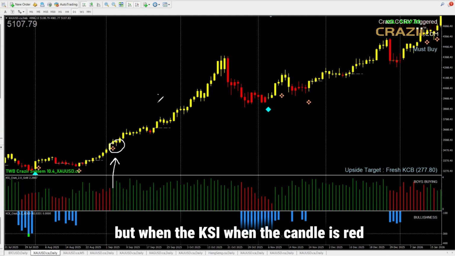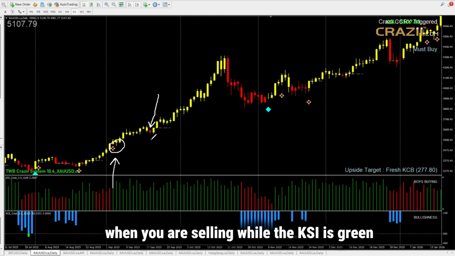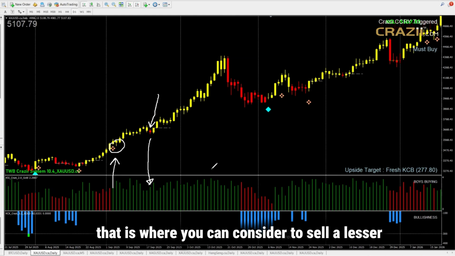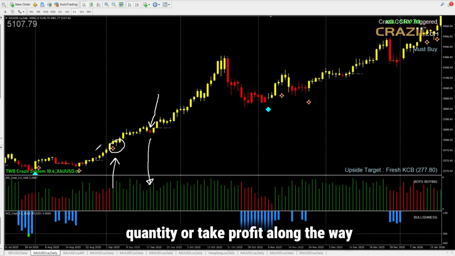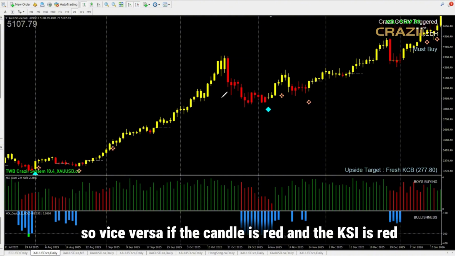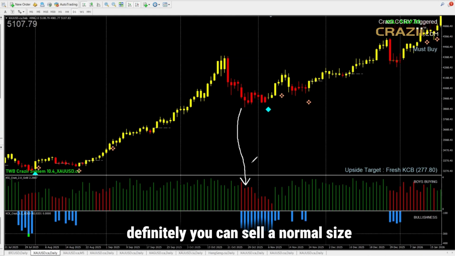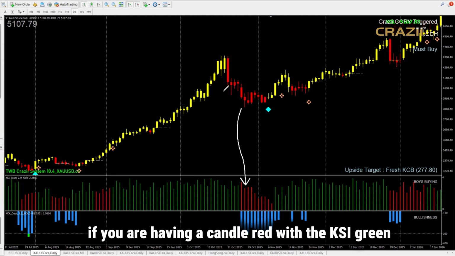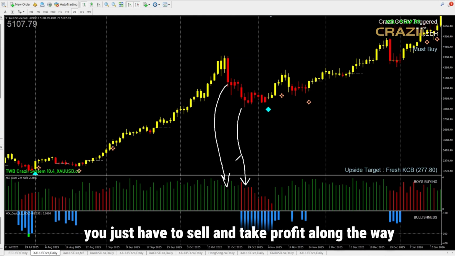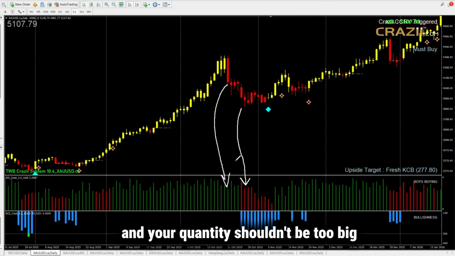But when the candle is red and you're selling while the KSI is green, that is where you can consider selling a lesser quantity or taking profit along the way. Vice versa, if the candle is red and the KSI is red, definitely you can sell a normal size or increase the trading size. But if you have a red candle with the KSI green, you just have to sell and take profit along the way, and your quantity shouldn't be too big.